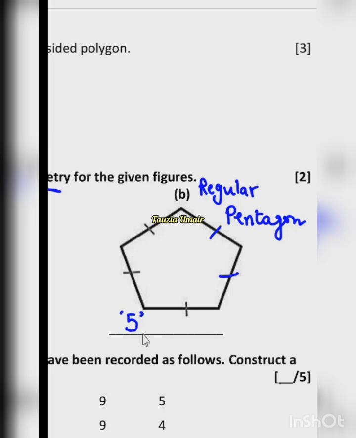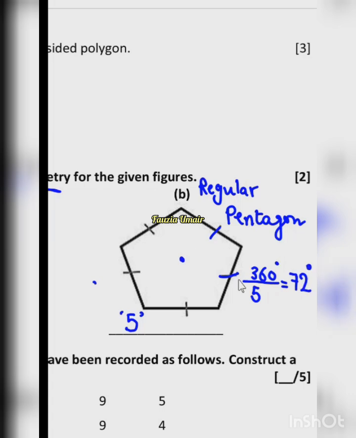All right. So if I want to mark the center of this figure, probably this will be the center of rotation. Now what will be the angle of rotation for this particular figure? I will divide 360 by 5, and the answer is 72 degrees.